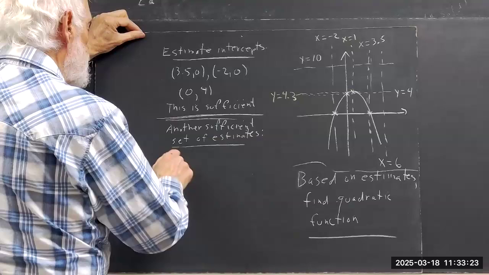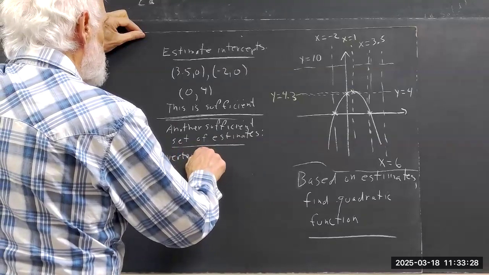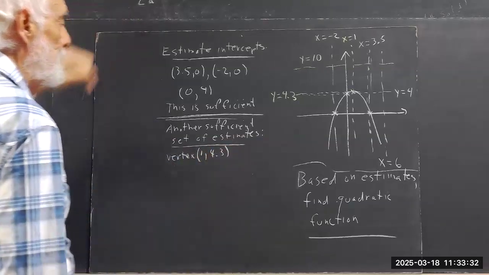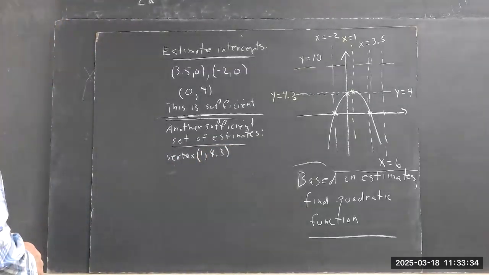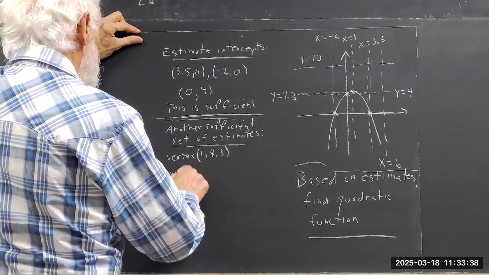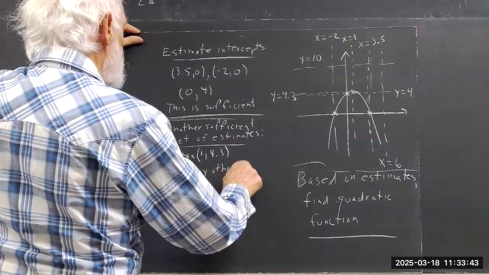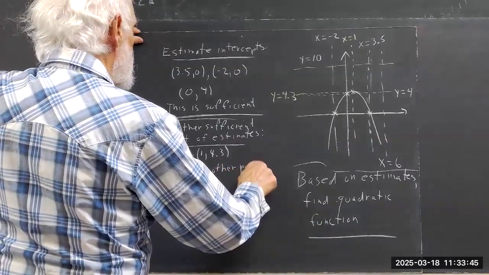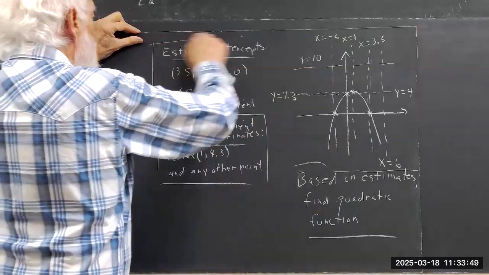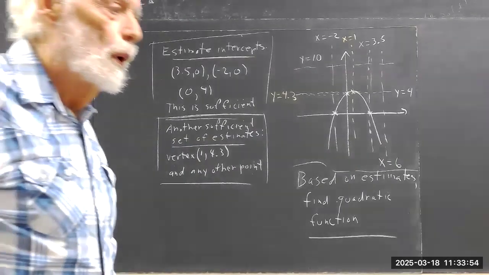But, okay, another sufficient set of estimates: vertex (1, 4.3), and any other point. Okay. Now, why is this?